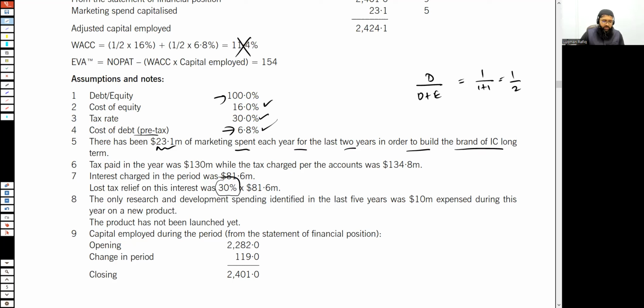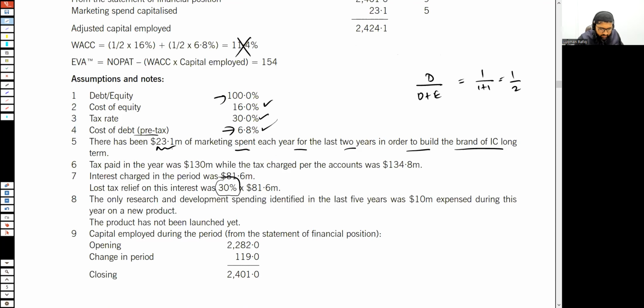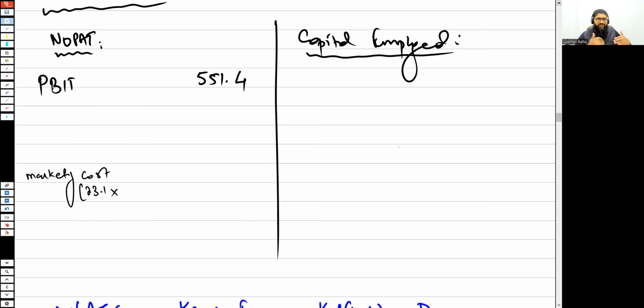So what would happen is that the marketing cost in each of the last 2 years, like the current year and the previous year. For the last 2 years means current year and the previous year.